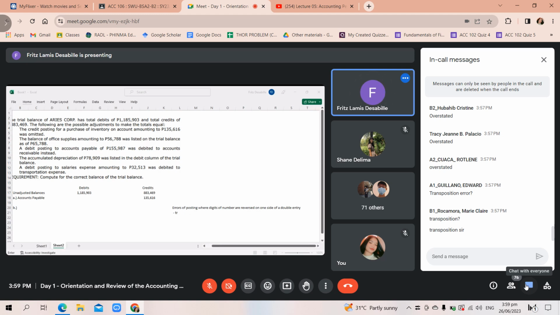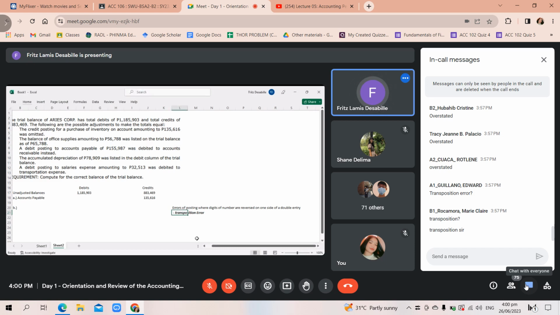Okay, gets. Okay. Correct. Transposition error. Again guys, if ever na ay mga theory questions, ang common nga mo gawas, what kind of error na ma-detect sa trial balance?